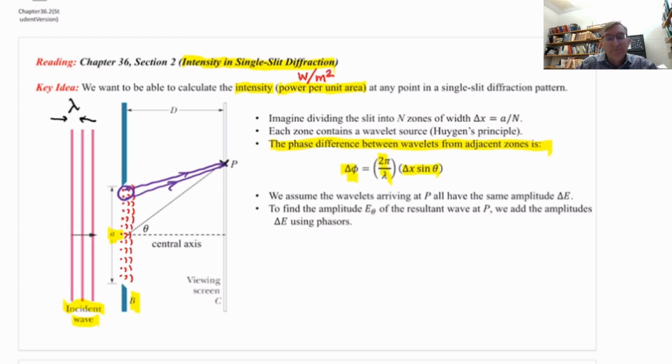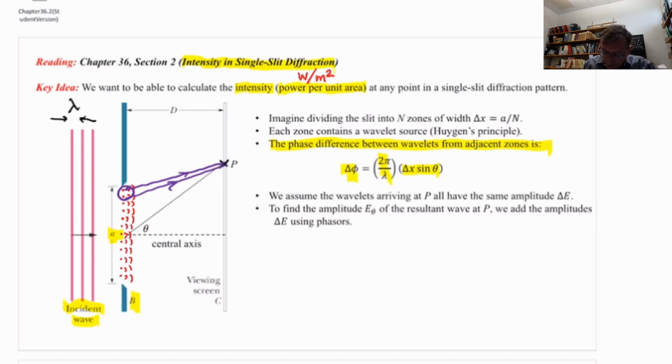And that would be the distance between the wavelets in the slit, delta x, times the sine of that angle theta that goes out to point P. That's the same way we did path length difference for two slit interference. So just think of those two wavelets as two sources, like two slits. Very, very small ones.